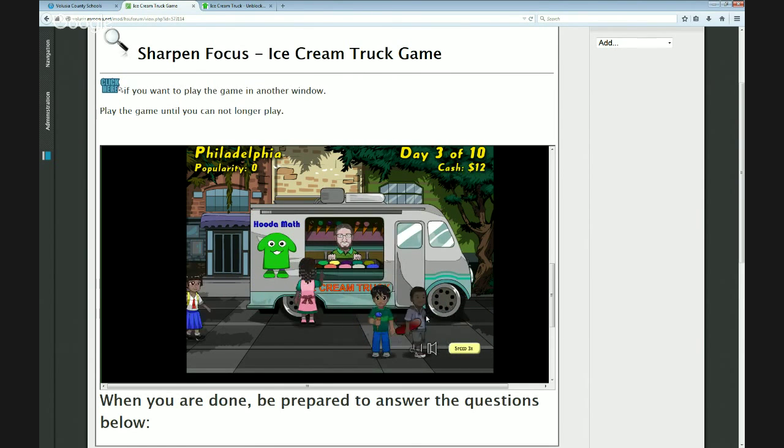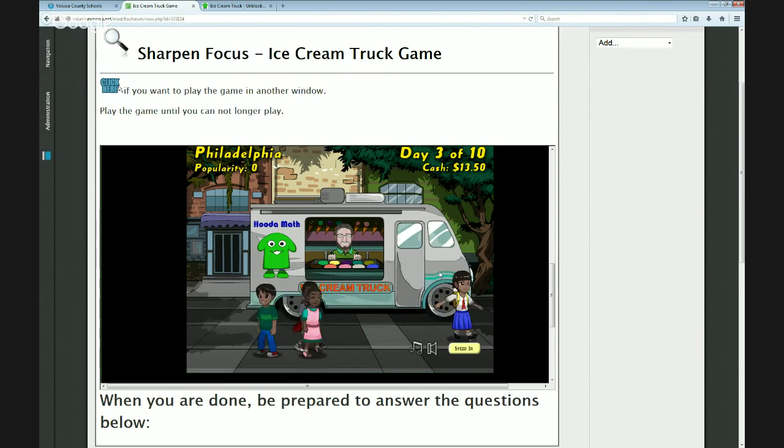Now we have a lot of people stopping by. I think our popularity should go up because we're giving them more for their money.